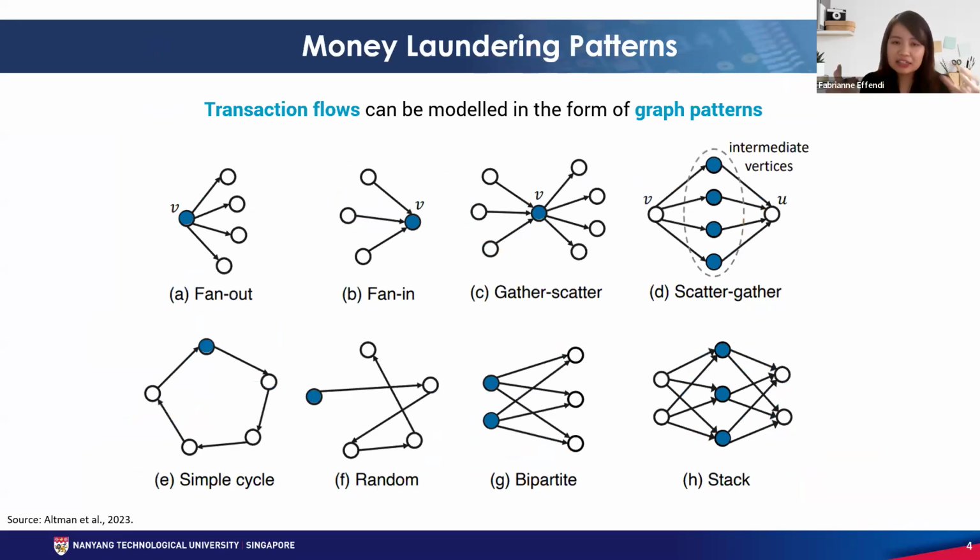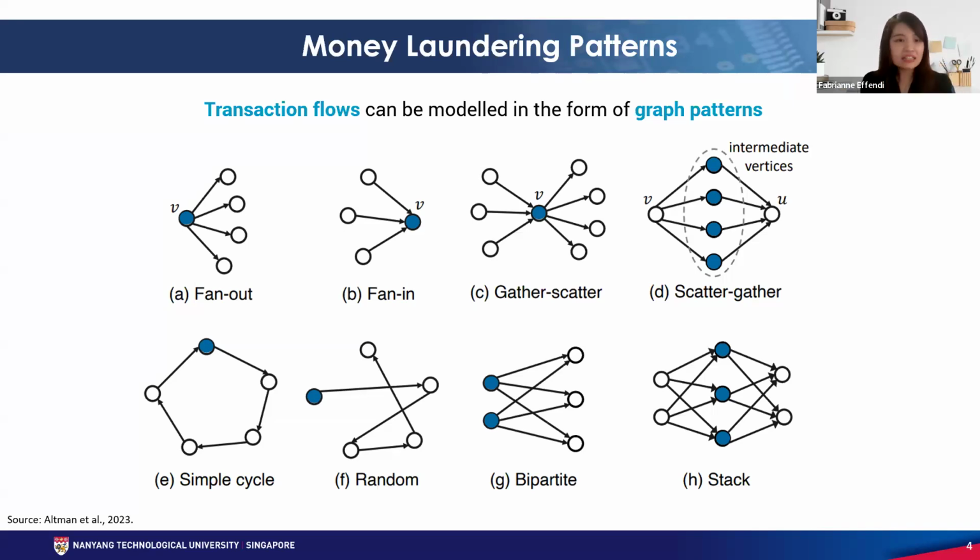So now that we understand what money laundering is, let us think of how a criminal would design their transaction flow if they plan to launder money. Their web of transactions can usually be modeled in the form of graph patterns. You can see over here a list of some of the more fundamental graph patterns, where there'll be connections between the different entities and accounts.